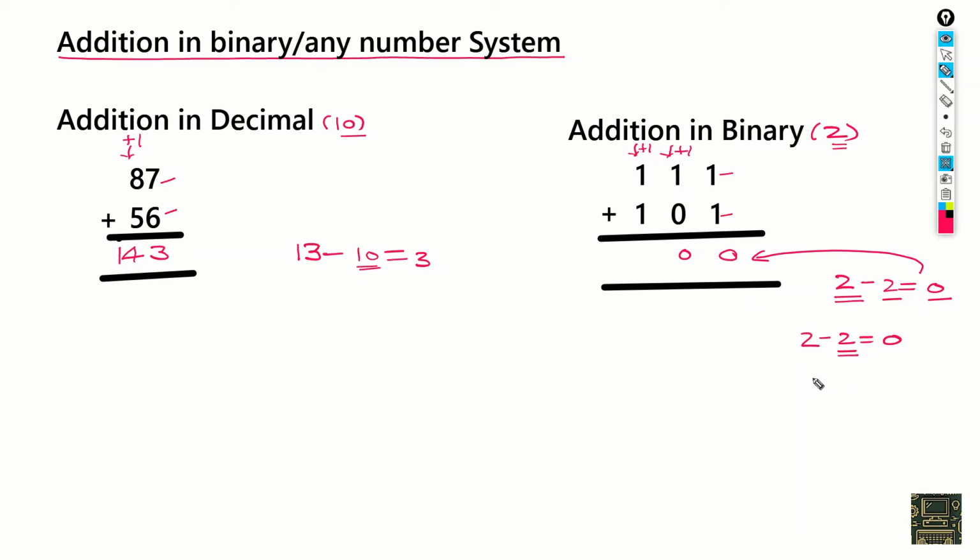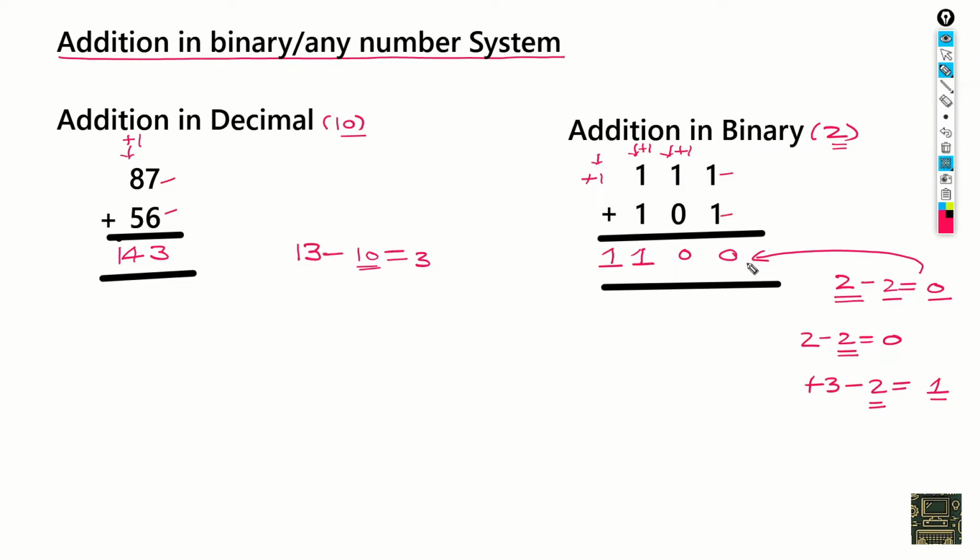So this becomes 3. Again we subtract 2. This will become 1, so this value of 1 will come here. Since I am subtracting 2, the base of the number, this will generate a carry at the next stage, plus 1.